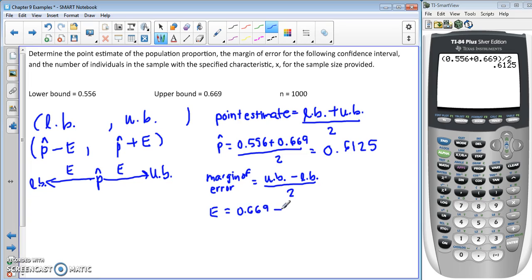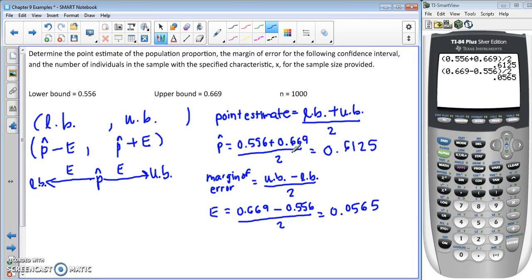So in that case it's going to be 0.669 minus 0.556 divided by 2. Again, we can type that in at one time. So parentheses, 0.669 minus 0.556, close parenthesis, divided by 2. So we get 0.0565.